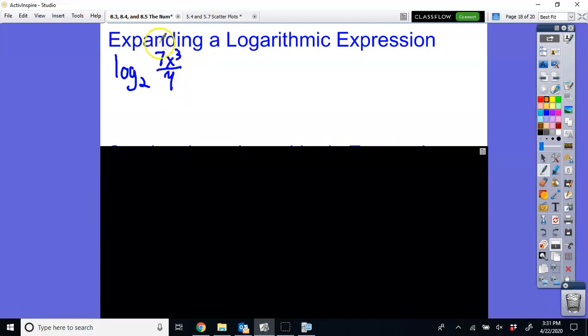But the division here is the big thing that's keeping this thing from being split apart, first of all. And so typically, not all the time, but typically that is one of the first things you want to look for, is to split up that division here. So what do I mean by split it up? Expanding means taking this and rewriting it as 2 logarithms instead of just 1.